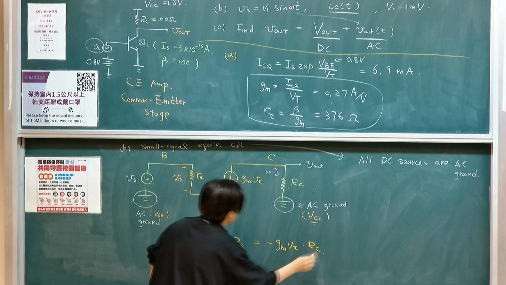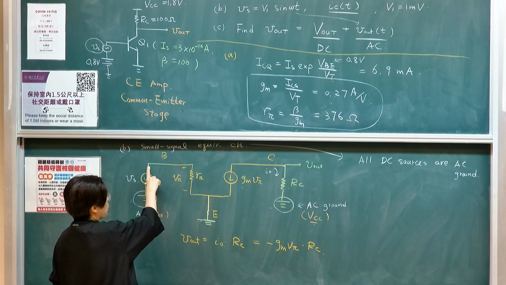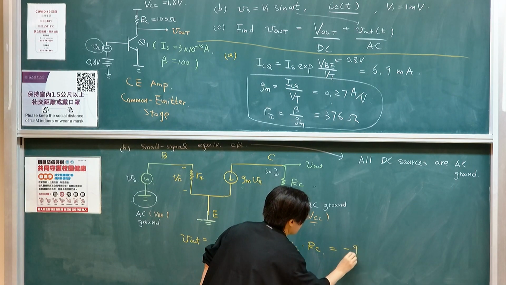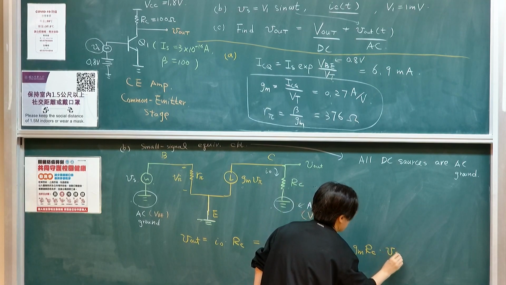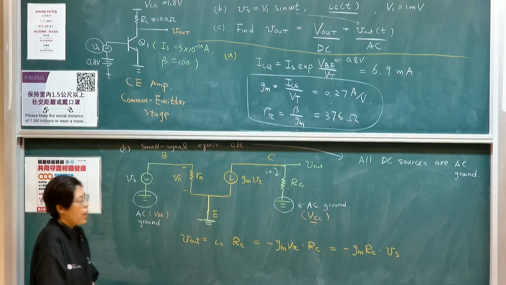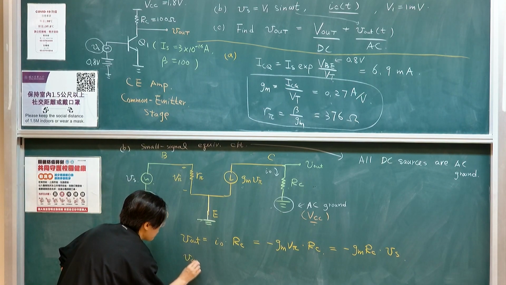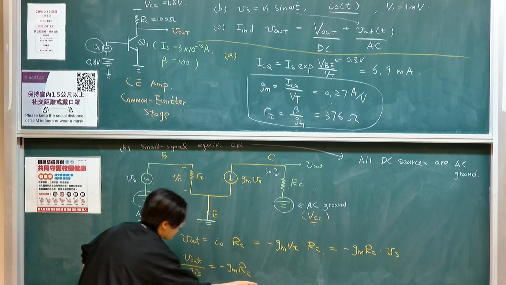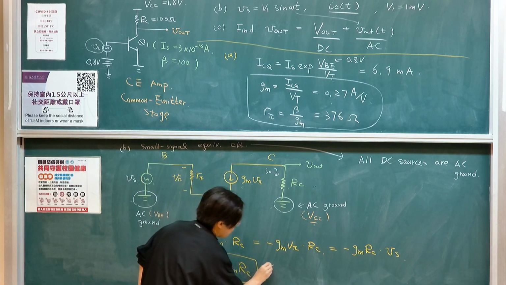So we look at what V pi is. V pi is the voltage across, so V pi equals Vs. Therefore, VL is minus GM RC Vs. So you actually get a voltage gain. If you look at the voltage gain, output voltage against input signal is minus GM RC. This is our small signal.